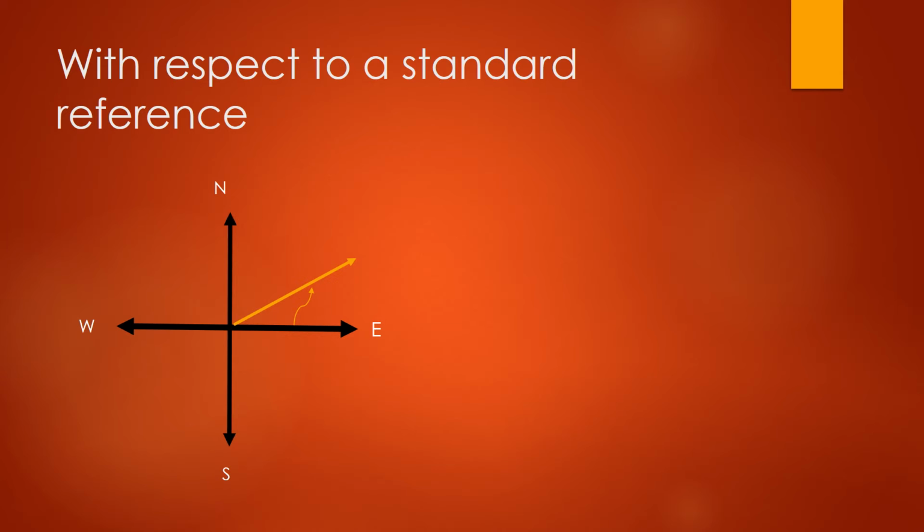So, if you're going to measure your angle with respect to the east reference, for example, this is 30 degrees, then you call that as 30 degrees north of east. Ang imuhang vector paingon sa north, gikan sa east. So, that's 30 degrees north of east.